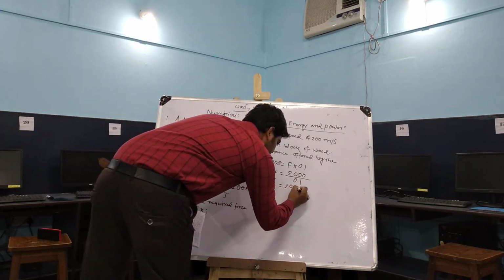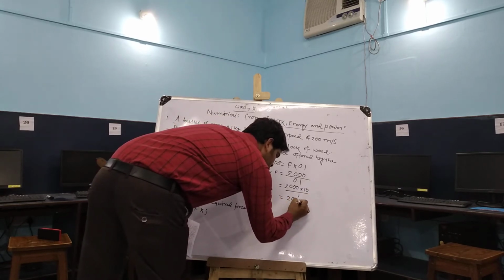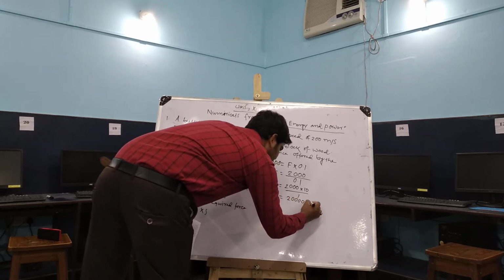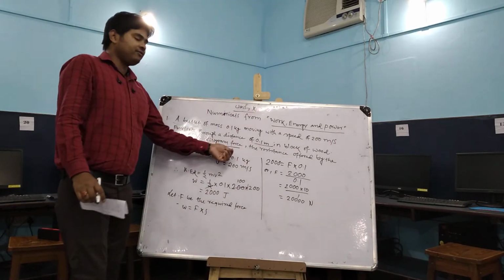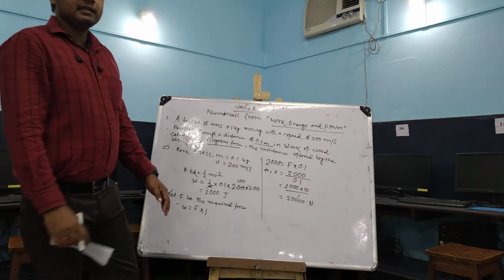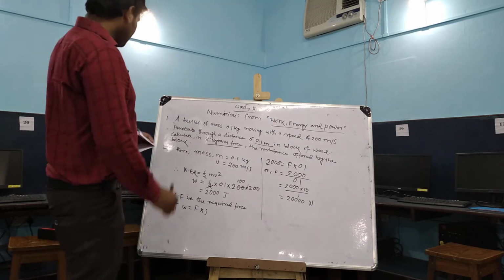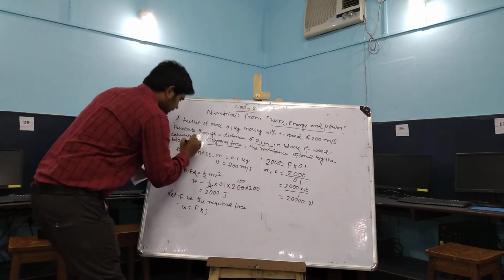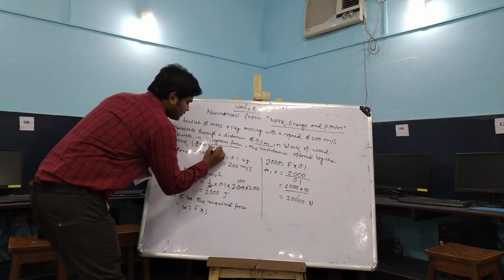So 20,000 Newton. But we have to calculate force in kgf, kilogram force. Now we have to divide it by 9.8 or 10. For easy calculation, we will take g equal to 10 meter per square second.